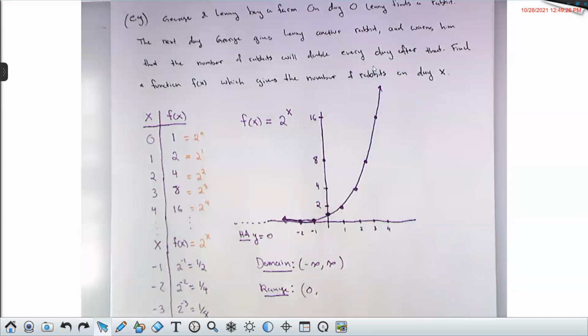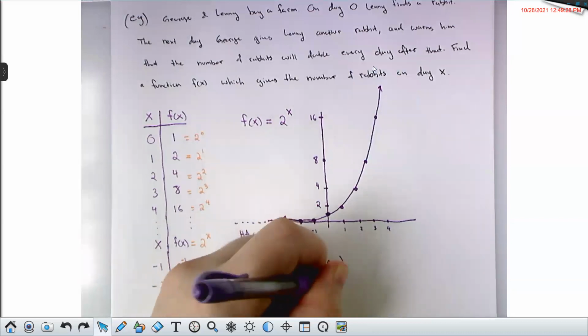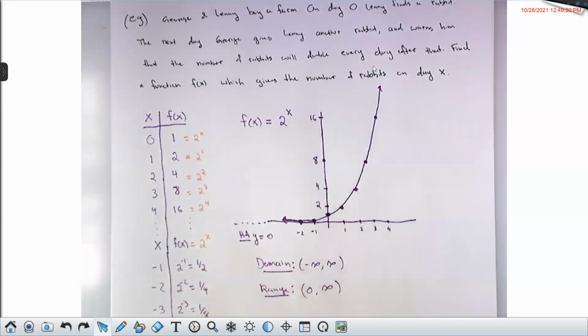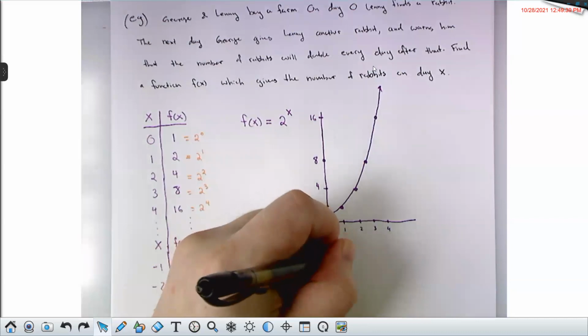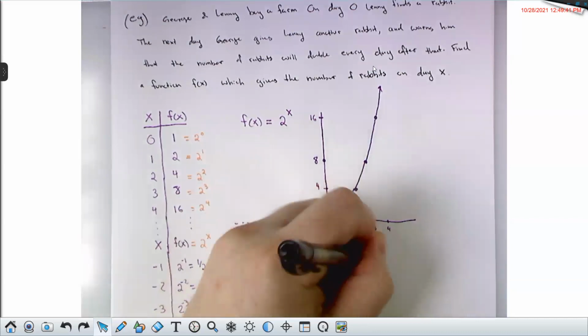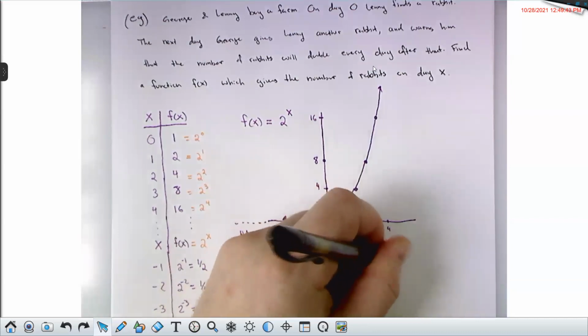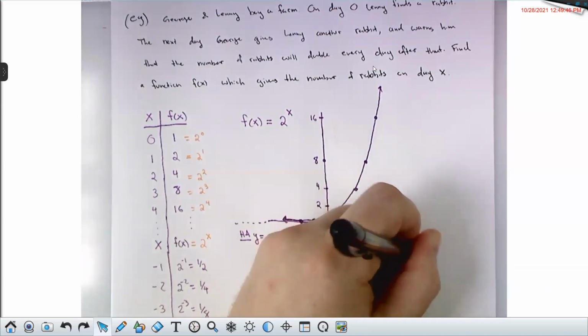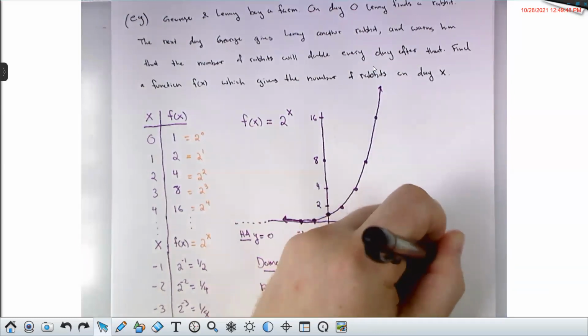It is getting so tall, definitely going as tall as you want, from 0 up to infinity. And while I haven't defined what an exponential function is for you yet, I just want to make a note here that these are the same for any exponential function.